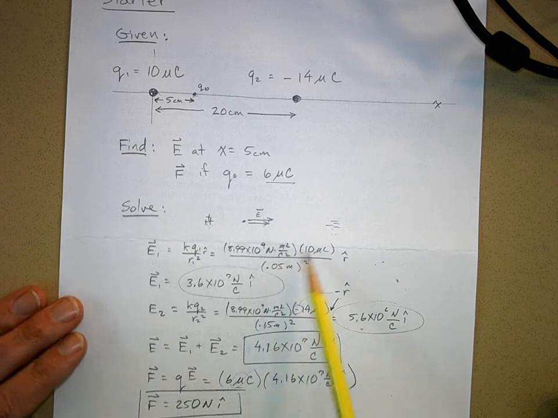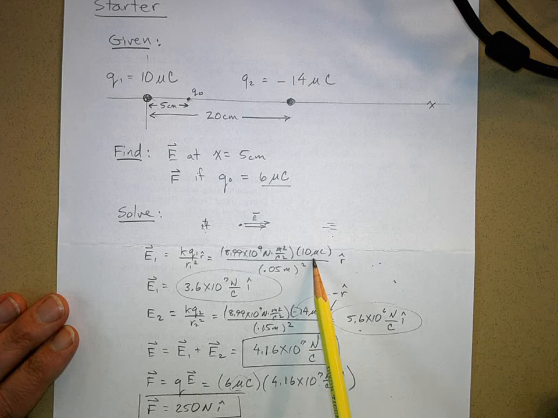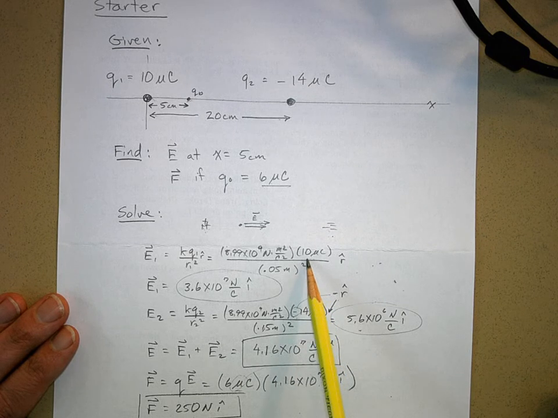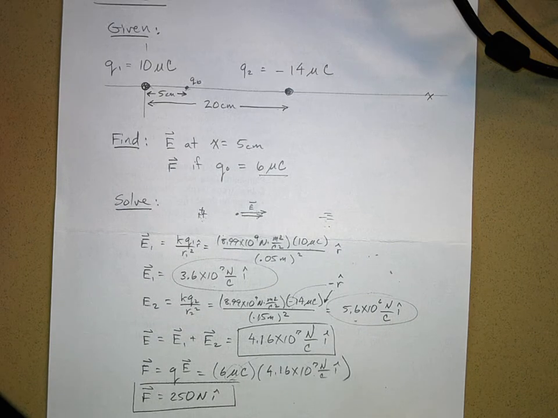Right here? Yeah. Didn't I multiply by 10 to the negative 6? I think this is right. Yeah. I don't write down times 10 to the negative 6 when I'm doing the problem. I just type it down in the calculator though. Okay. That is all.